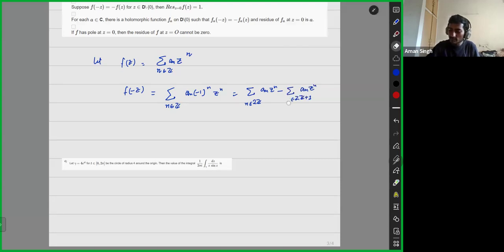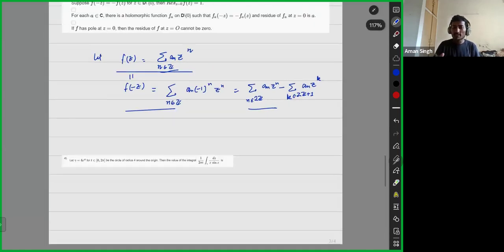There will be some issue with the subscript, since i is also used as iota in complex analysis, so i is not good. Let's say k is running over the odd integers. Now the first power series agrees with the second one; this is the condition given to us. If these two are equal, this part is equal on both sides and gets cancelled out.